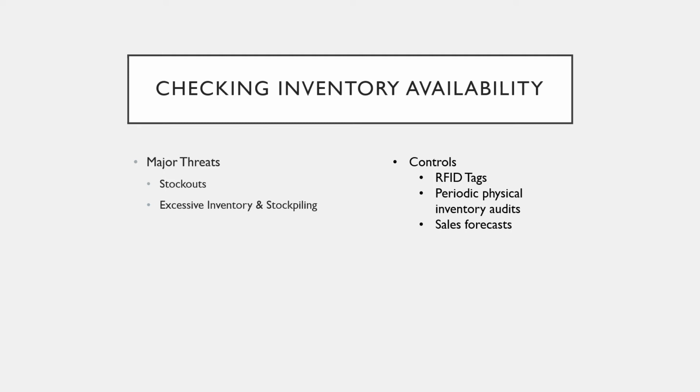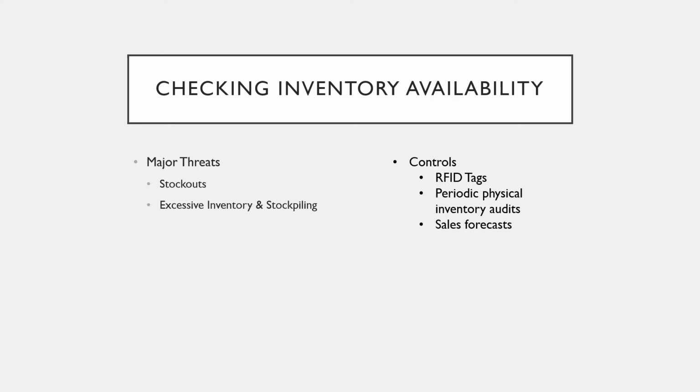We have a few controls in place to battle those major threats. One of those is RFID tags. By using RFID tags, you're able to constantly keep track of inventory, but that may not always work, so it's important to always complete physical inventory audits as well.